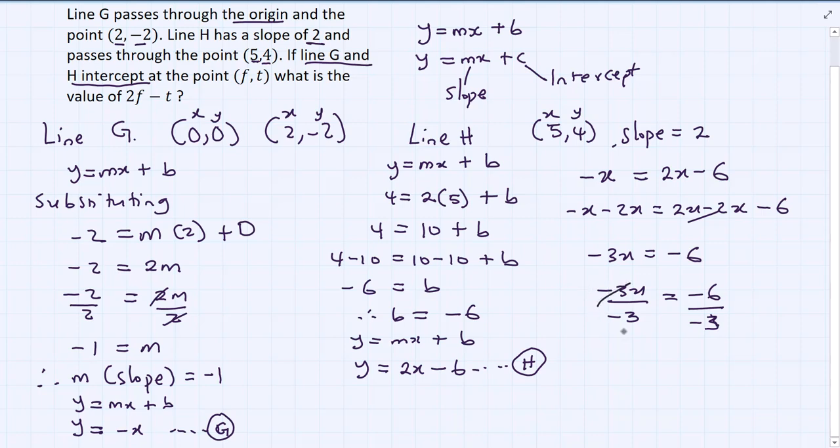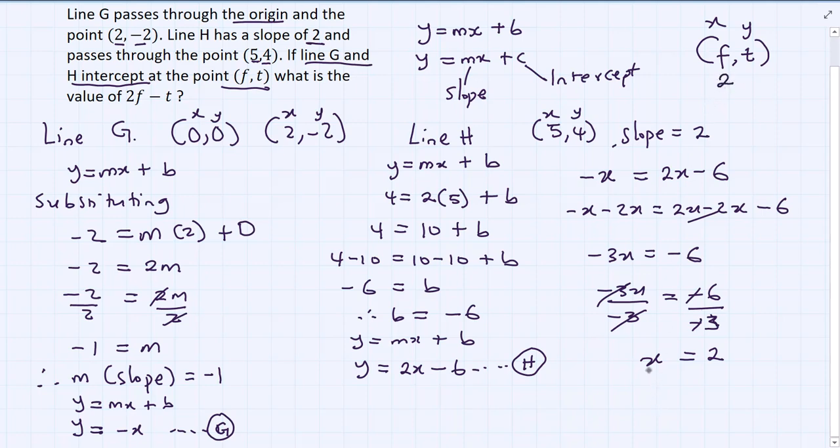The negatives cancel out, and then we have 2 here. Now remember, this F comma T simply means x comma y. So when they intersect, our x value is 2.